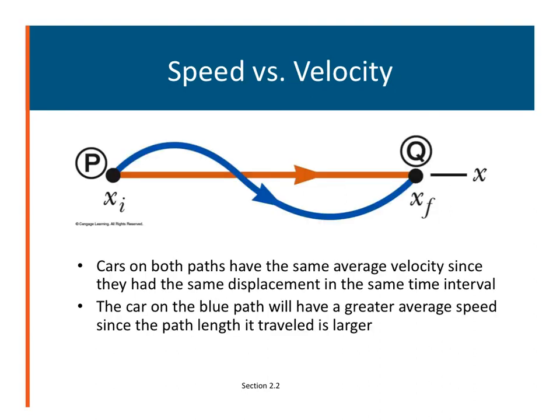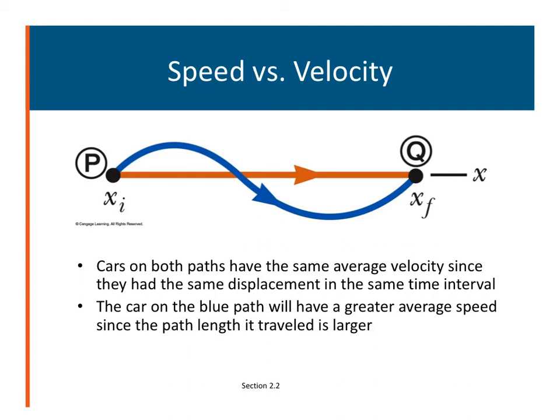To illustrate the difference between speed and velocity, we can look at these two different paths. We have a blue path that follows a sinusoidal path or a convoluted path, and we have a red path that is much more direct and linear. So cars on both paths have the same average velocity, since their change in position or the displacement is the same and the time interval is the same.